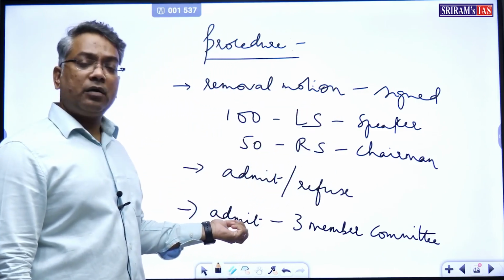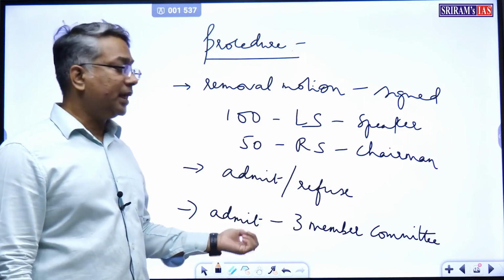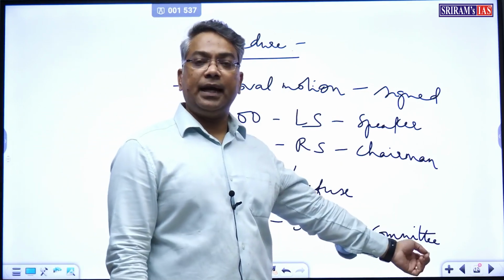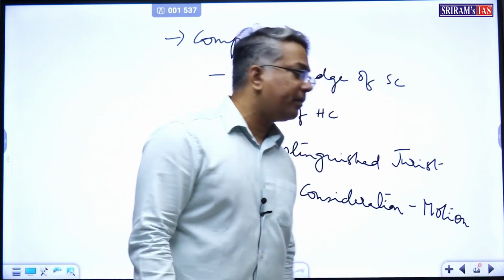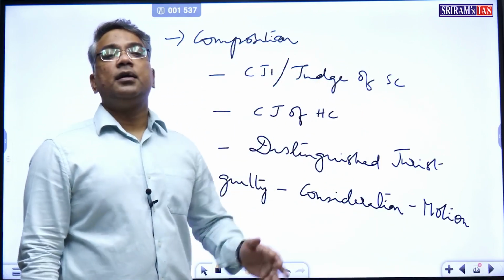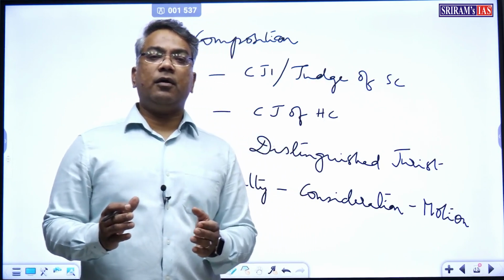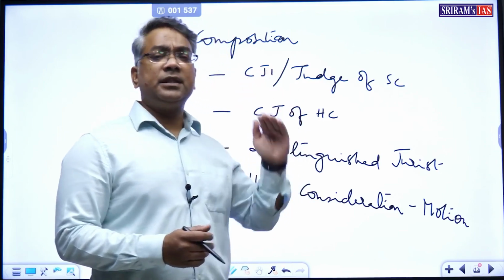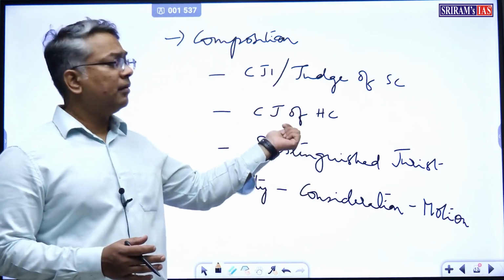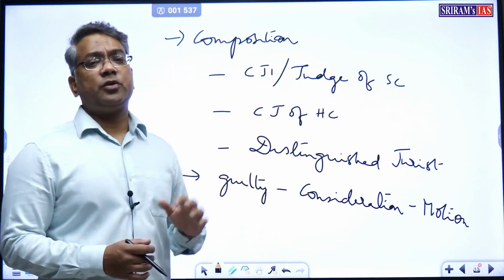In case the speaker or the chairman admits the removal motion, a 3-member inquiry committee has to be constituted for this purpose. The composition consists of the Chief Justice of India or Judge of Supreme Court, Chief Justice of High Court and a distinguished jurist.